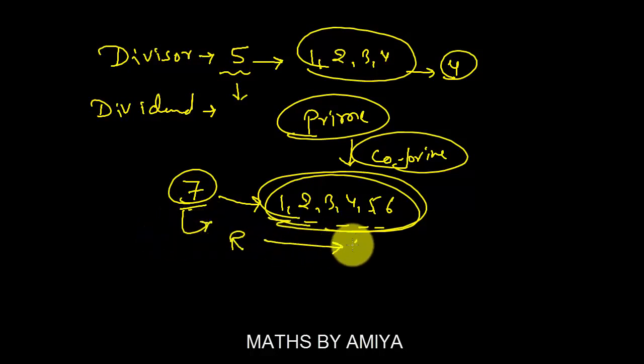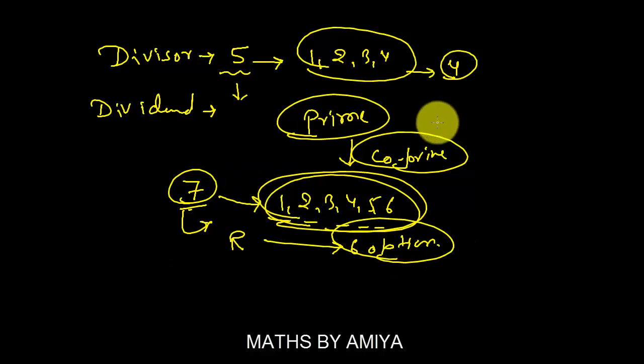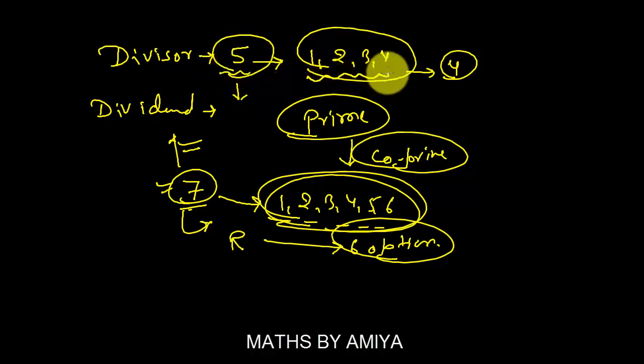So we have 6 options when 7 divides another number. We could have fewer than 6 options too, but the maximum number of options when 7 divides another number which is co-prime to 7 is 6. Same with 5. When 5 divides another co-prime number, the maximum options we could have is 4. Now check how.